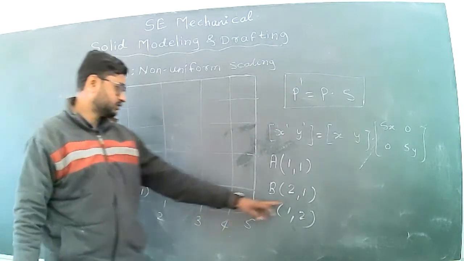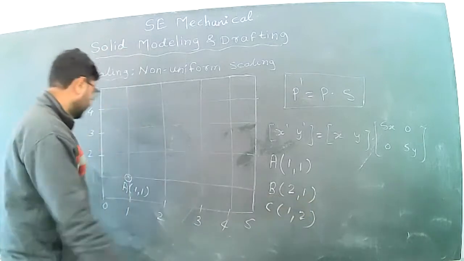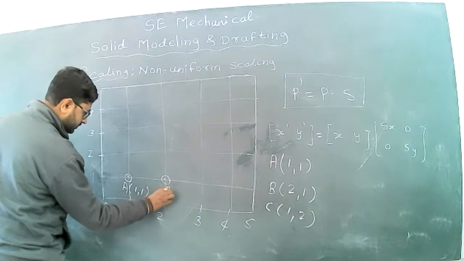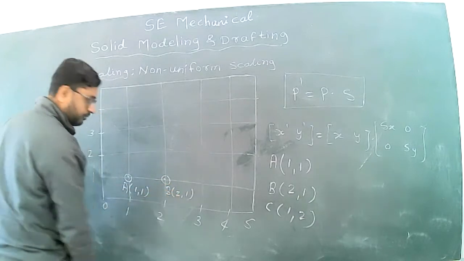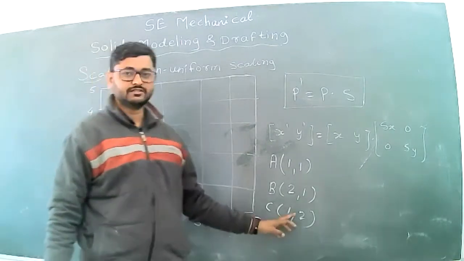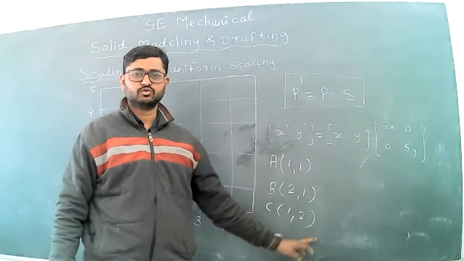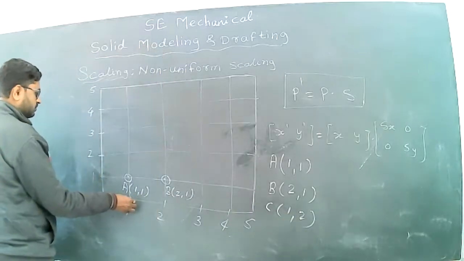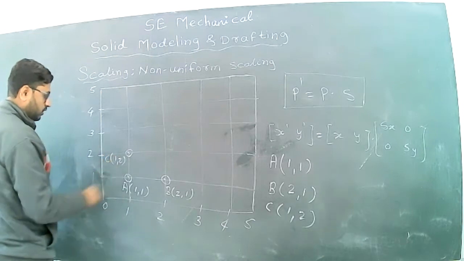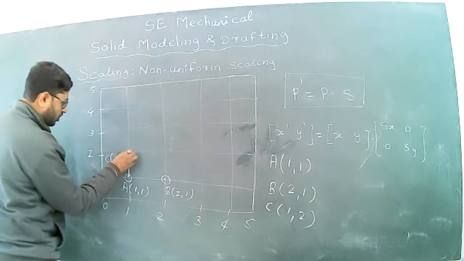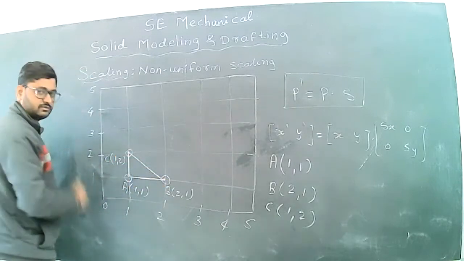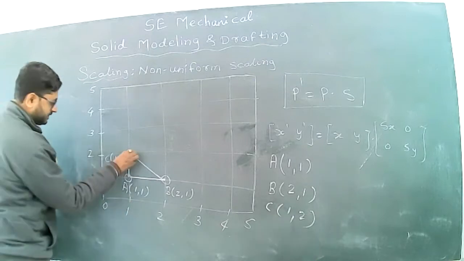B point, x distance is 2, y distance is 1. Just locate this point B as 2 1. C point. The x distance is 1, y distance is 2. C point is nothing but 1, 2. Now to draw straight lines joining these 3 points A, B and C.